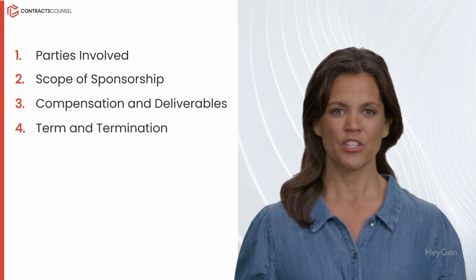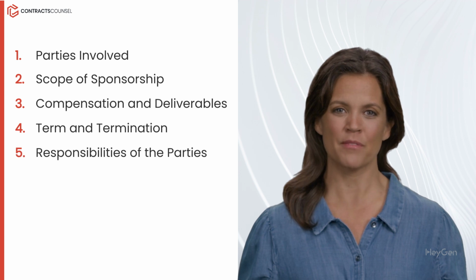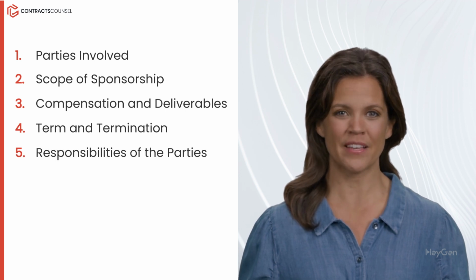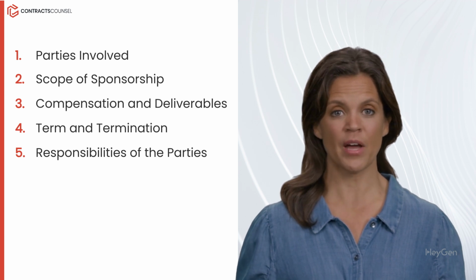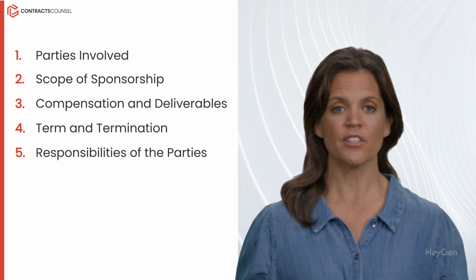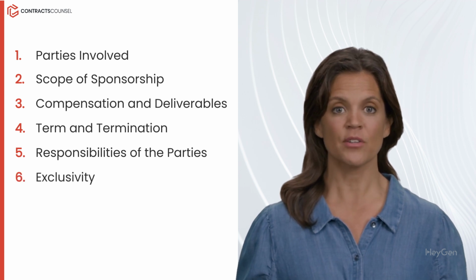4. Term and termination. This section outlines the duration of the agreement and the conditions under which it can be terminated by either party. 5. Responsibilities of the parties. This section defines the responsibilities of both the sponsor and the sponsored party, such as promoting the sponsor's brand or providing access to events. 6. Exclusivity.